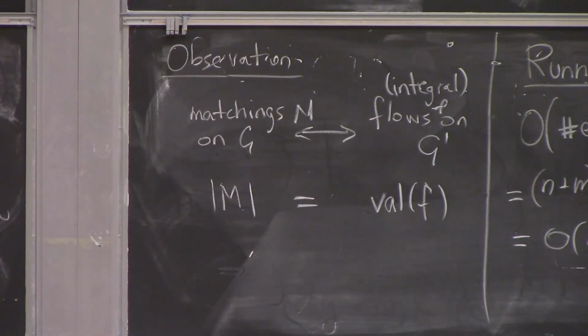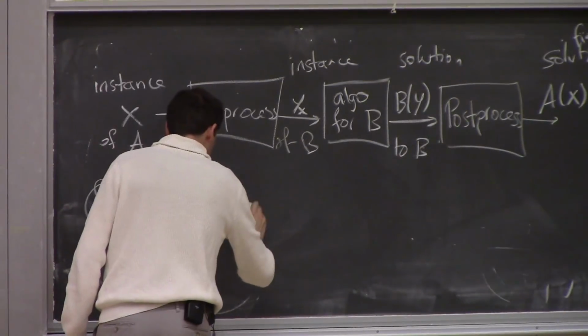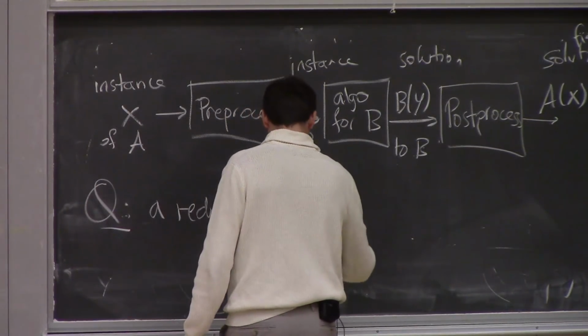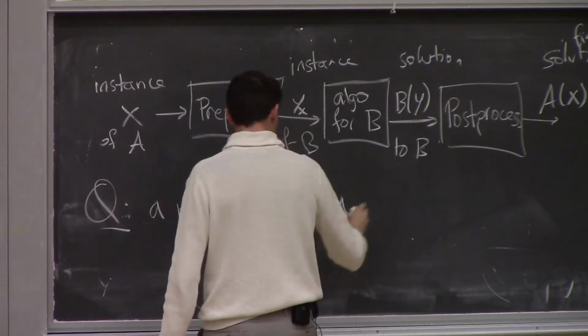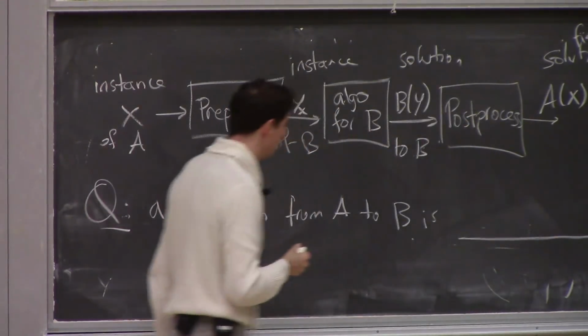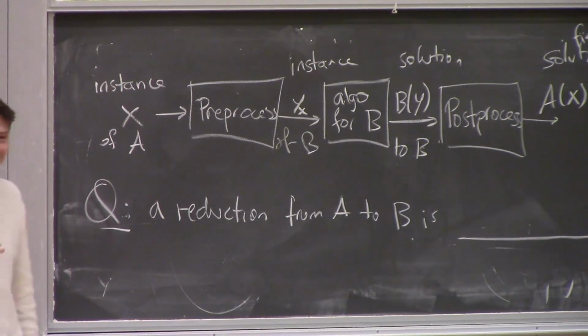Now here's a question, okay? What is a reduction syntactically? I've put down several boxes, okay? I claim that a reduction is not all of these boxes, only some of them. A reduction from A to B is blank. What is it syntactically? When you want to understand something, it's always important to understand syntax, okay?